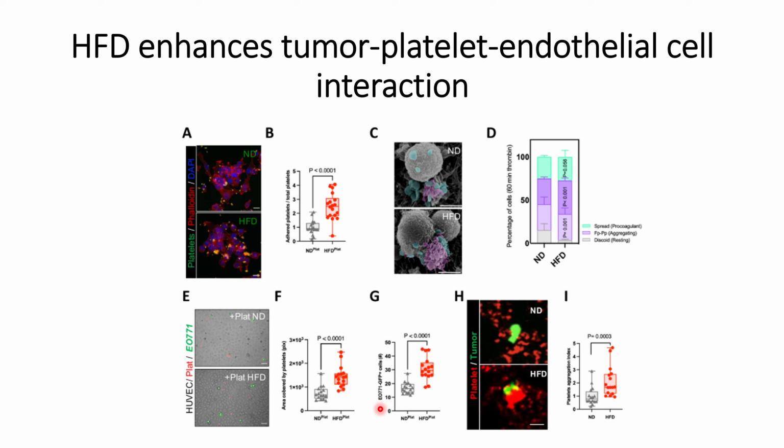When they checked the tumor interactions with the HUVEC cells using the GFP signals, it also shows that the tumor interactions are higher where platelets are from HFD-fed mice, indicating that the platelets also affect endothelial cell interactions.